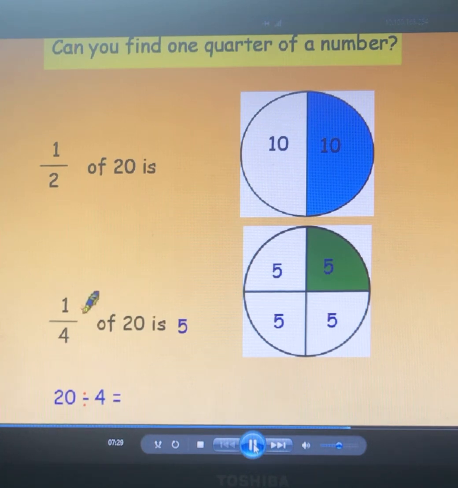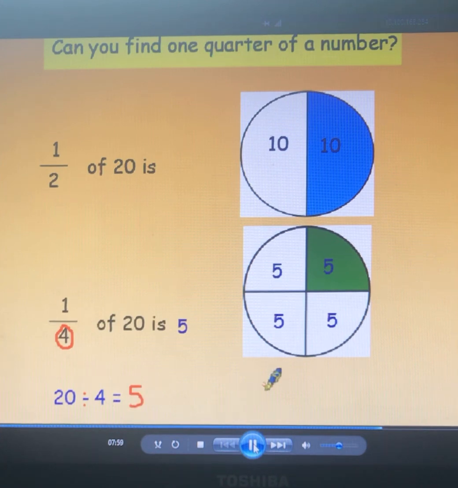To find unit fractions, you need to divide the number by the denominator. So there's 2 different ways that you can look at it, and we're going to be spending a lot more time talking about this, okay? If I wanted to find a quarter of a number, I'd have to divide it by the denominator. So 20 divided by 4 is 5.